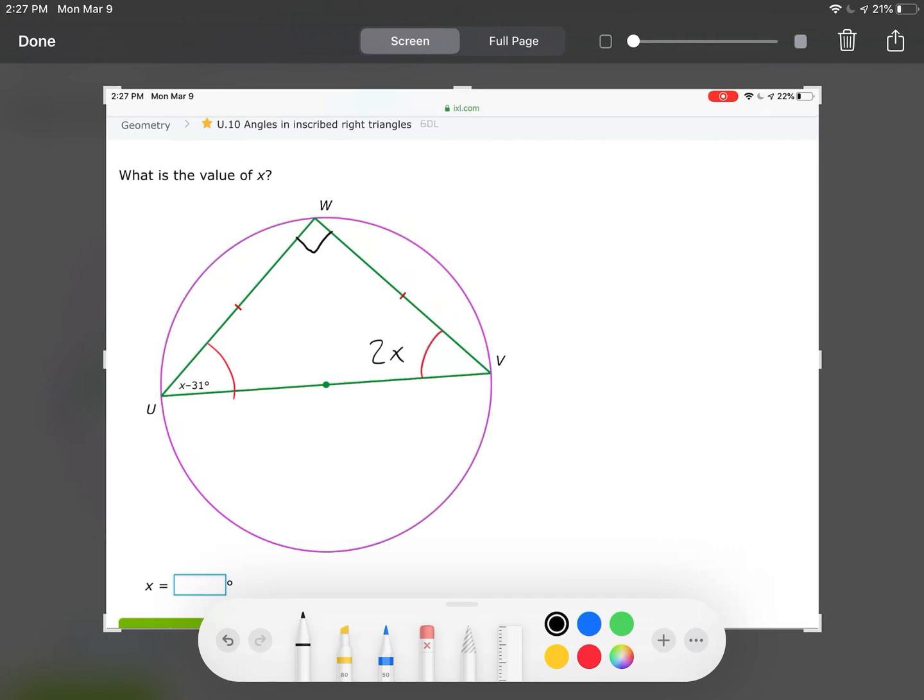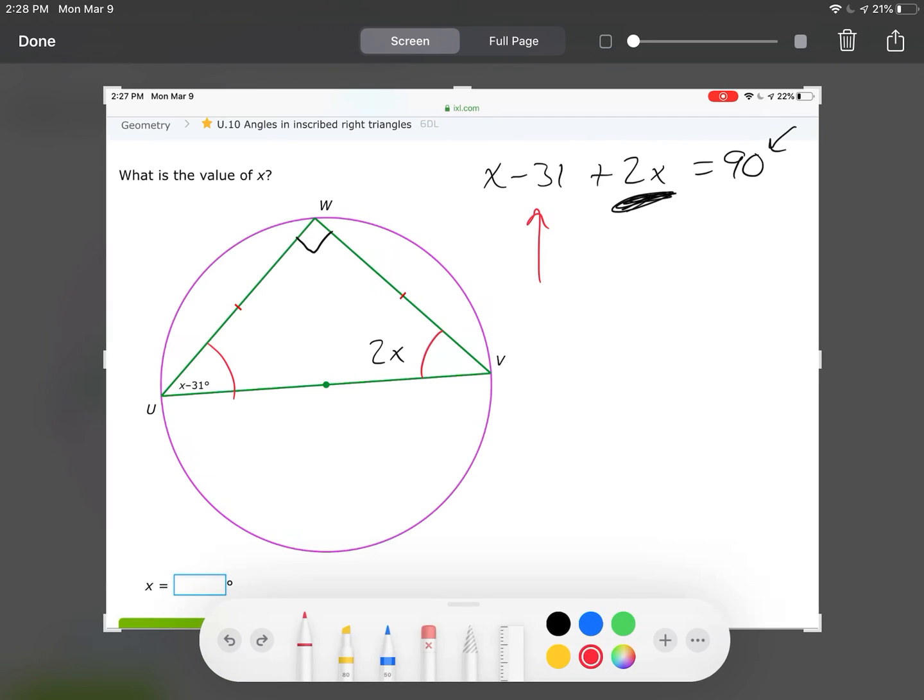In this case, we're not getting anything. So we can't just go ahead and write x minus 31 plus 2x equals 90, because we're missing this one. By the way, this is the type of equation you would write in this section, because those two red angles should add up to 90. So you should get an equation like this, where you're taking one of them, adding it with the second one, and equaling it to 90.